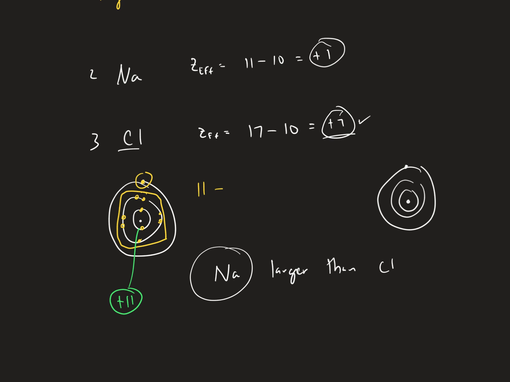But you also have a negative 10 charge from the electrons that are pushing against this electron right here. Does that make sense? And so that's why we take 11 minus the 10, and that's going to give us a positive 1 effective nuclear charge. So basically, it's a weak magnet, right?